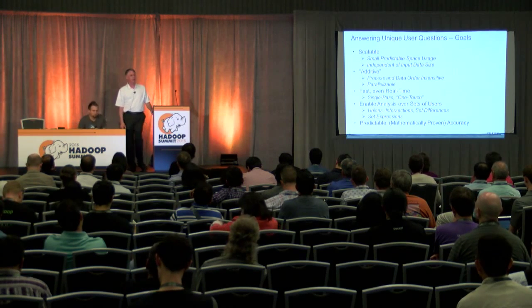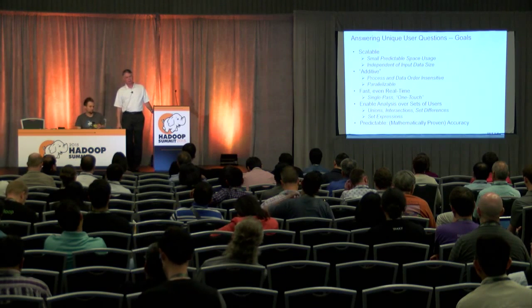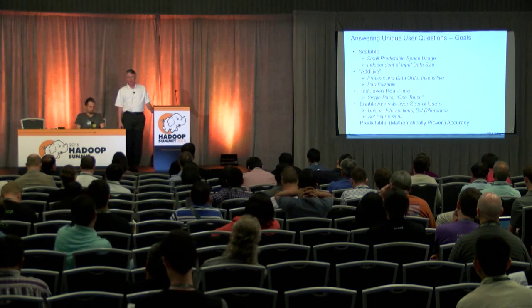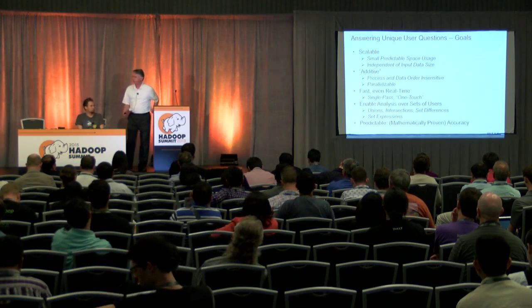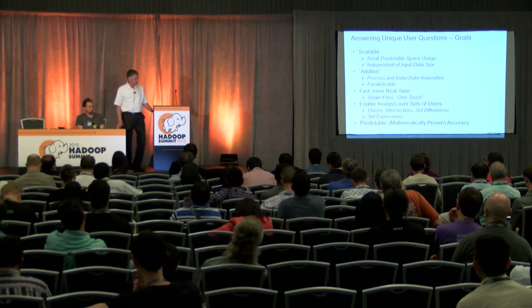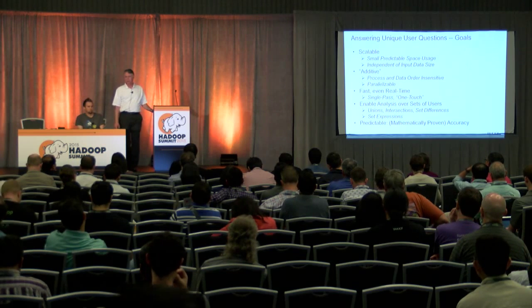So I'm going to put some criteria around how we want to answer this question in terms of the solution. We're looking for something that is certainly scalable, that can scale up to terabytes, petabytes in size, and not impose severe penalties in terms of computational cost.